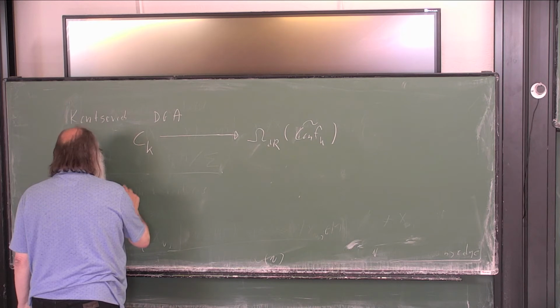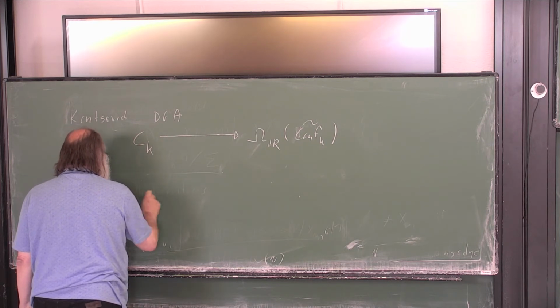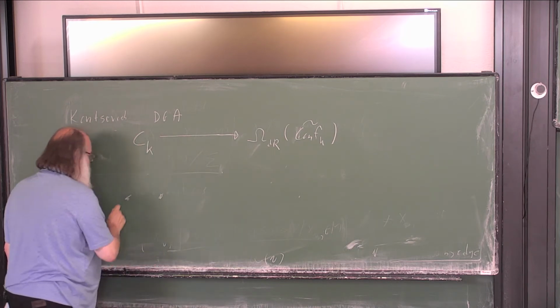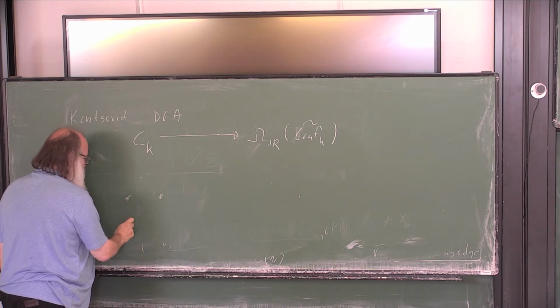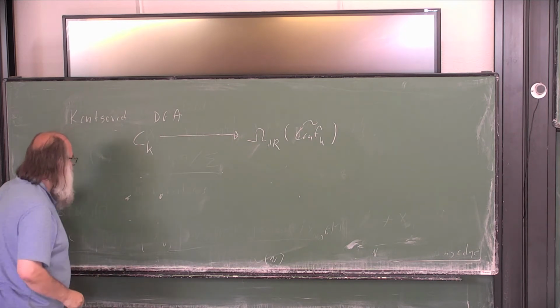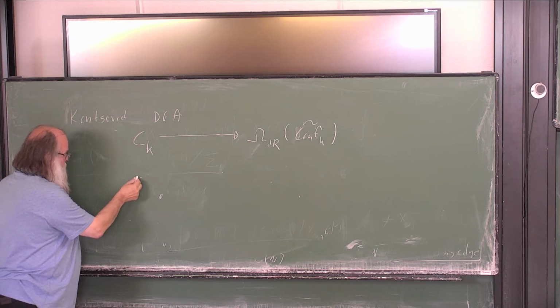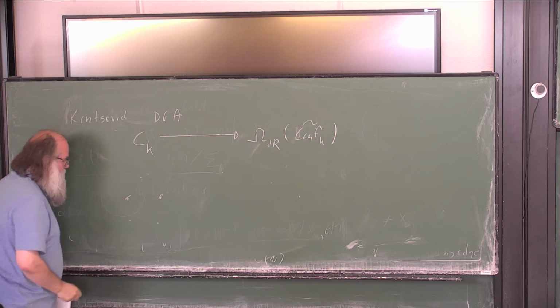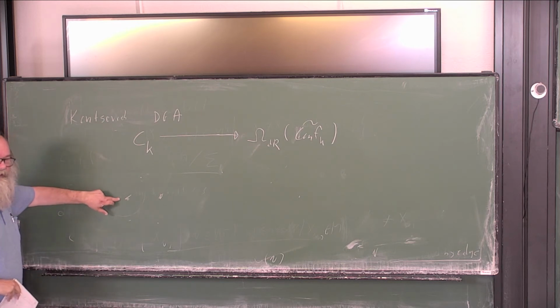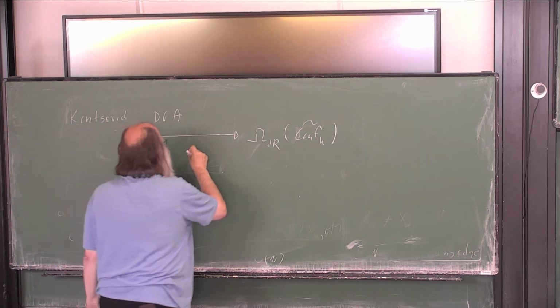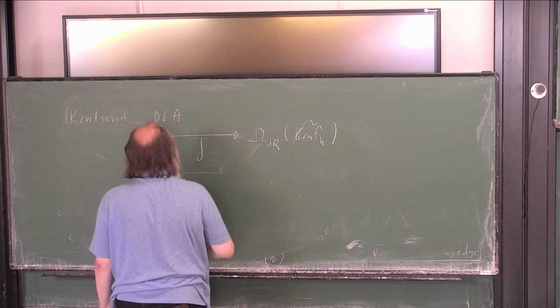You start with the configuration space with k points, and then you add some other points, and you construct an integral which essentially measures the degree of one point going around another, and you integrate. So this is an integration map.